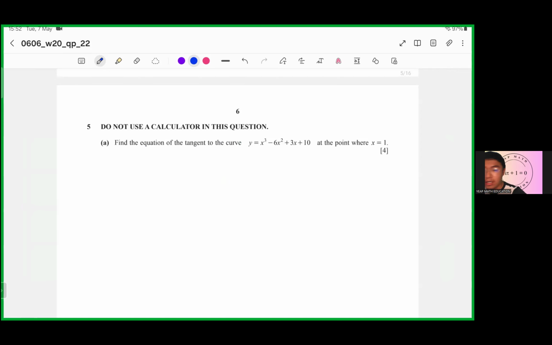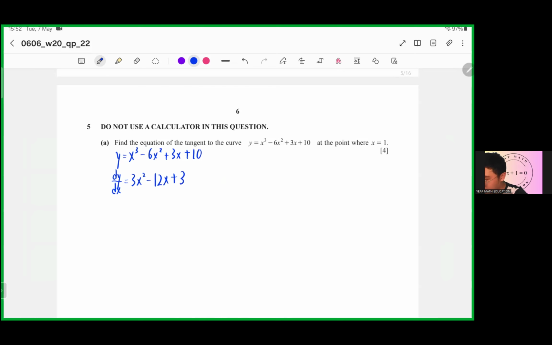First, we do the derivative part. y equals x cubed minus 6x squared plus 3x plus 10, so dy/dx equals 3x squared minus 12x plus 3.